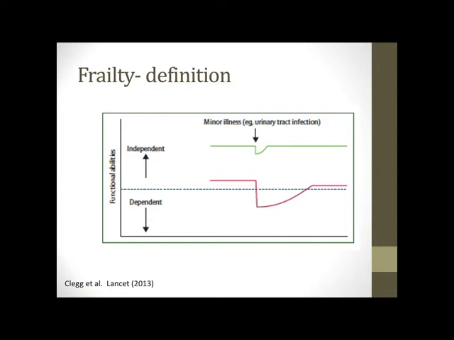Although they're still independent, they're hovering just above that line, and the next time they get sick, they may fall below it and become dependent. You see this all the time in hospital: somebody who comes in living alone, not requiring home supports, gets unwell and falls into that dependent zone, and you have trouble getting them out of hospital because they can't go home the way they were before.